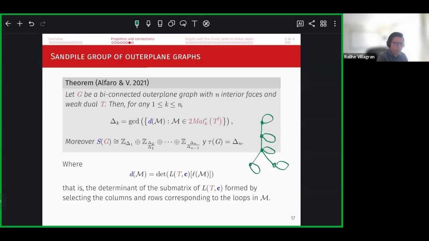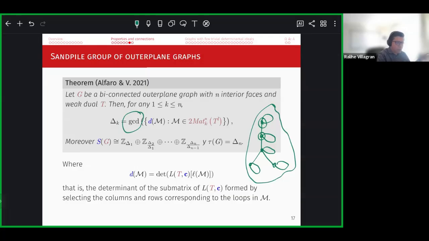And then you think about the two matchings on this multigraph. And then using those minimum two matchings over this graph, you can find the greatest common divisor, taking big matrices and then just choosing the matrices corresponding to loops on those two matchings.